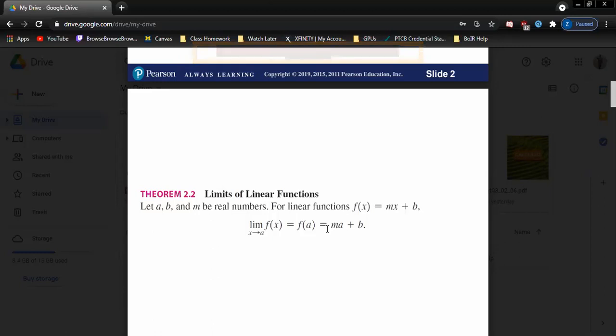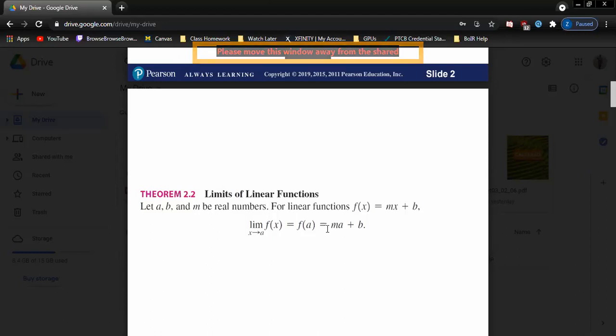Let's say I'm saying find the limit when x approaches 0. So what should you do? Since it's a linear function, we can just plug in 0 in place of x, and whatever we get should be our answer. So can you calculate it for me? Find the limit when x approaches 0 for the function 2x plus 1.